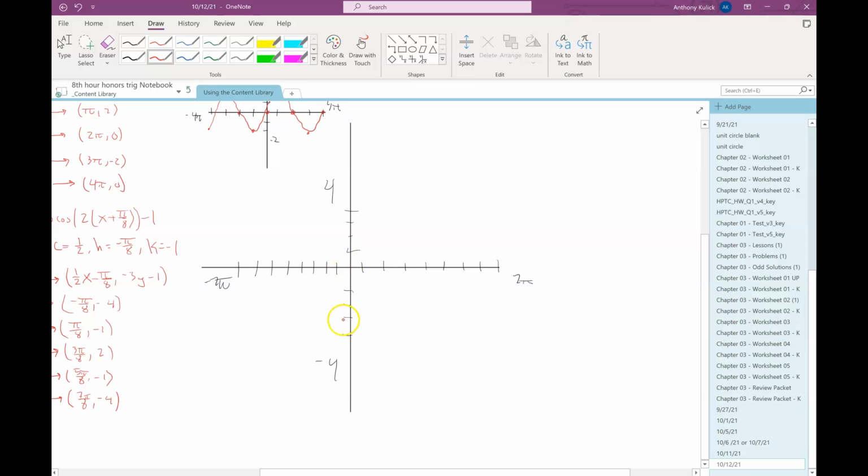Okay. So -pi over 8, -4 is down there in between -1/4 and 0.